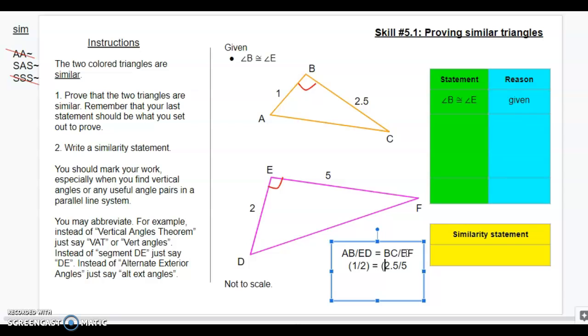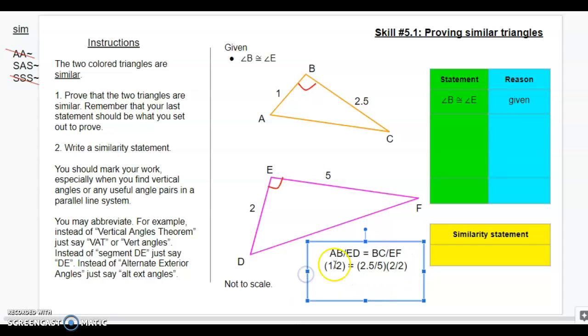If I have the same denominator, and I'm trying to show that the two numbers are equal to each other, then I had better have the same numerator. If I have the same denominator on each side of the equation, then I have to have the same numerator on each side of the equation. The common denominator here will be 10. I'm going to multiply both sides by 1. There's 1. 2 divided by 2 is 1.